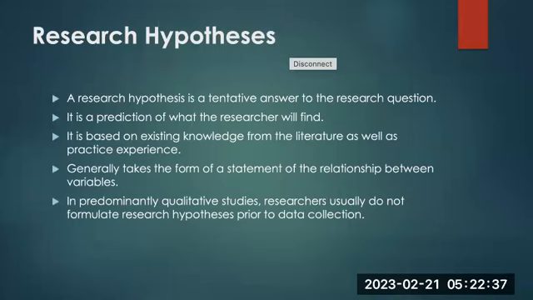And it should be written in statement form, as a statement of the relationship between variables. And as we have already discussed before, in predominantly qualitative studies, researchers do not formulate research hypotheses prior to collecting data.